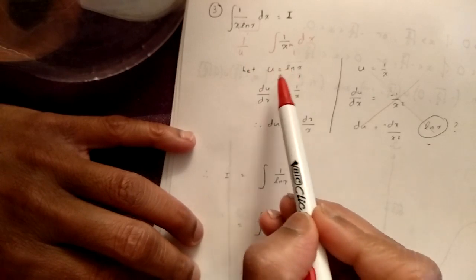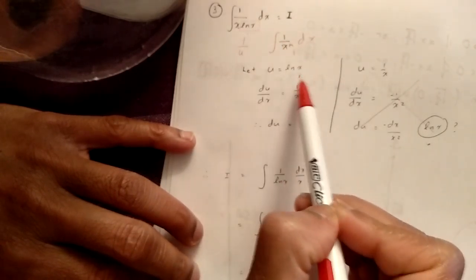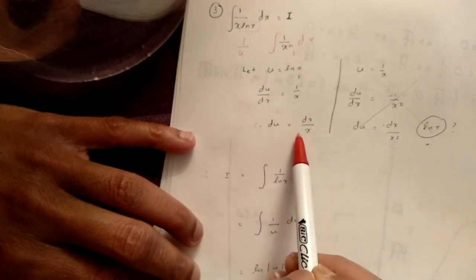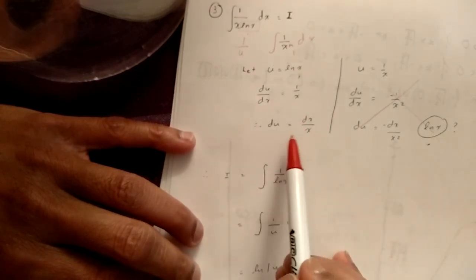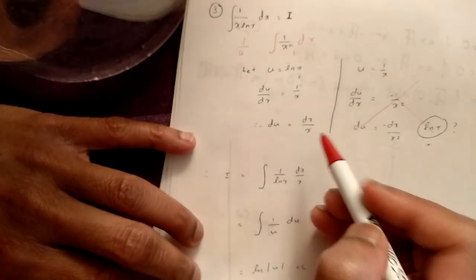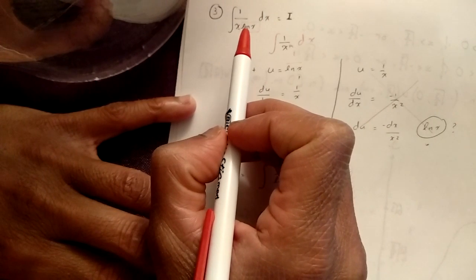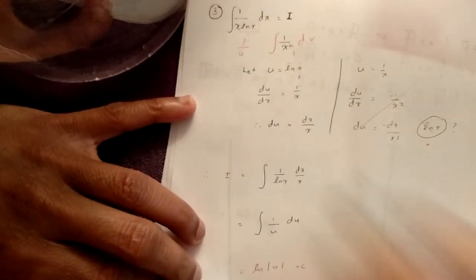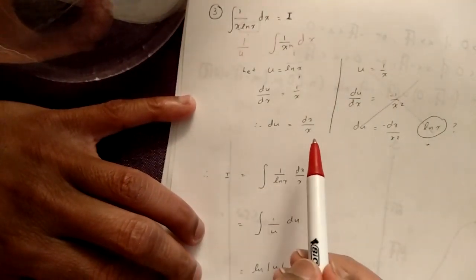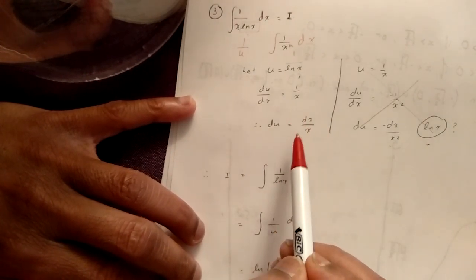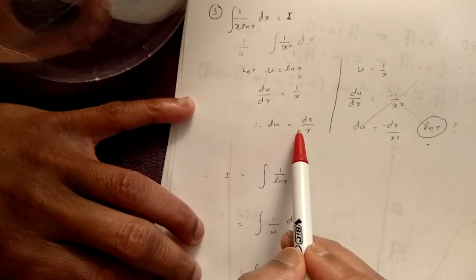For ln x you can write u, and in the relationship for du and dx you have something of this nature. So what I did is rearrange the original problem in a way that it gives a dx by x term.